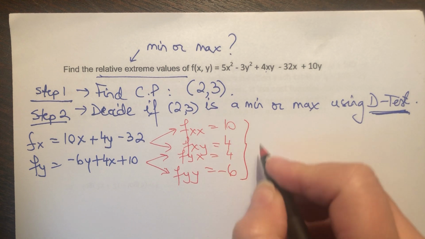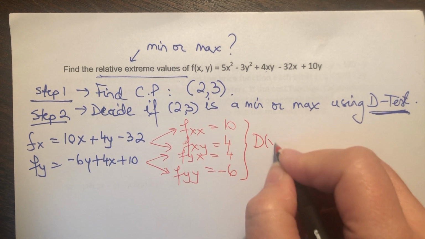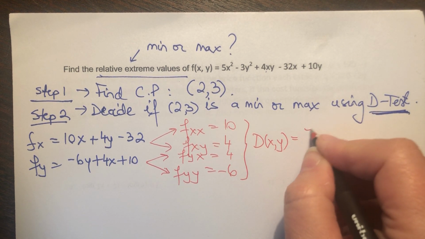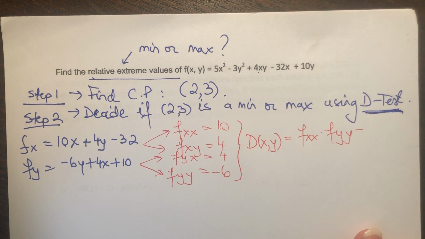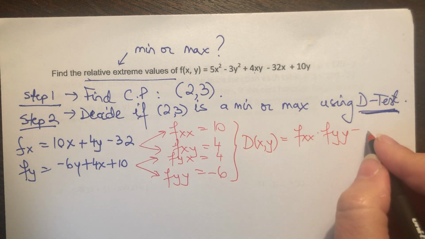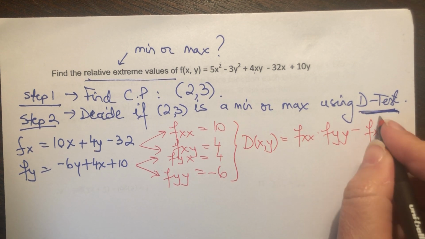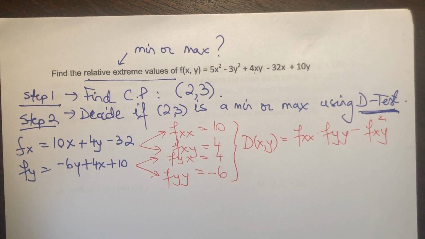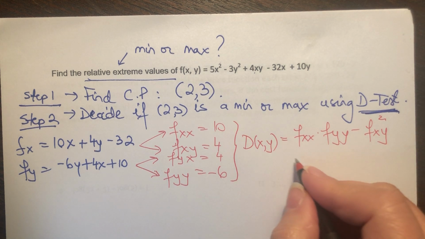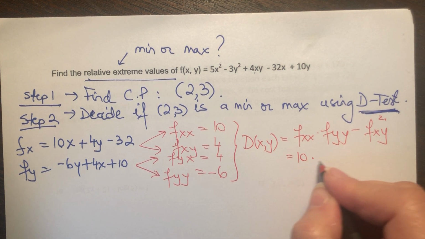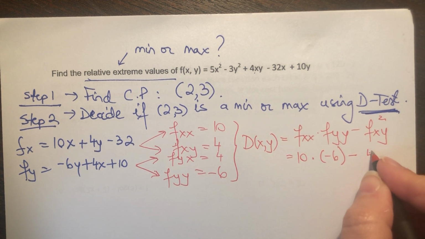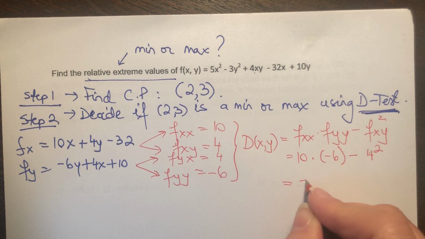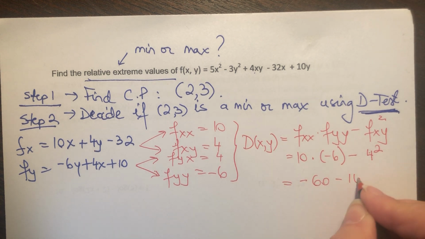So out of these 4 functions, we can create this d function, which was what? fxx times fyy minus the product of the mixed partials. Because they were the same, you just find one of them and square it, right? So fxx is 10, fyy is negative 6, and fxy is 4, and you square that. So you get negative 60 minus 16, which is negative 76.